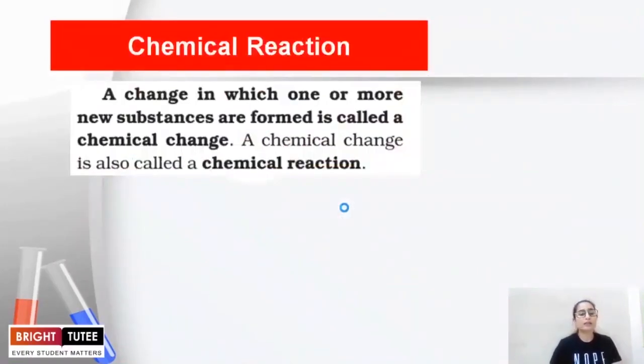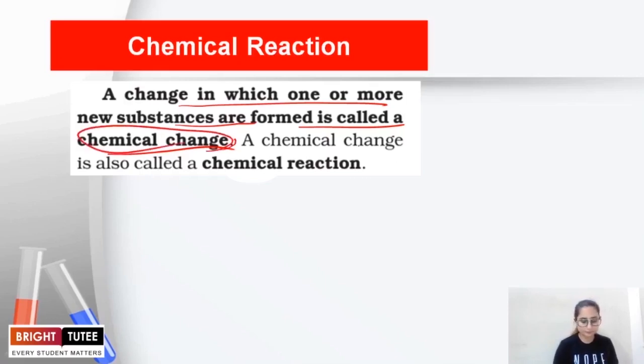So what did we learn till now? Let us see the definition of chemical reaction. A change in which one or more new substances are formed is called a chemical change. Simple. Till now we saw that there were many new products being formed. So a change in which one or more new substances are formed is called a chemical change.